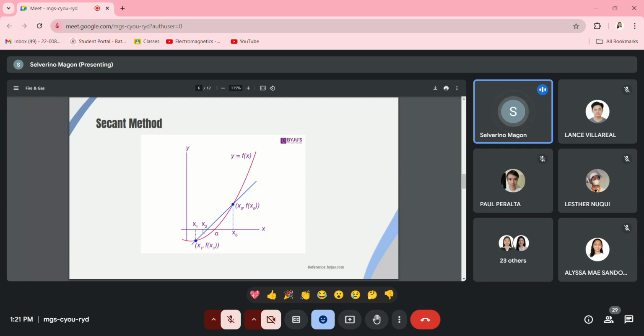So the new solution x2 right here will become the new reference point for the next iteration. The value of the function at x2 will be somewhere here, if we imaginarily project a straight line going here.